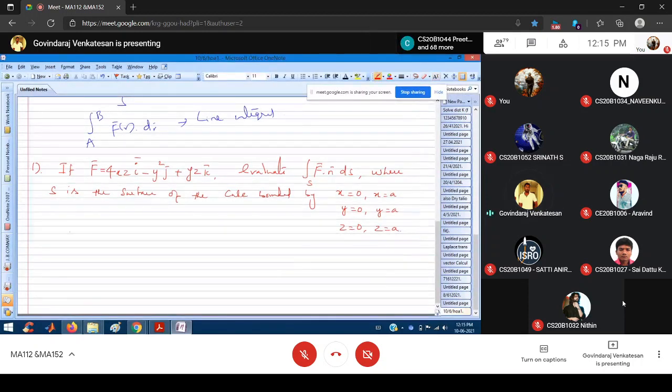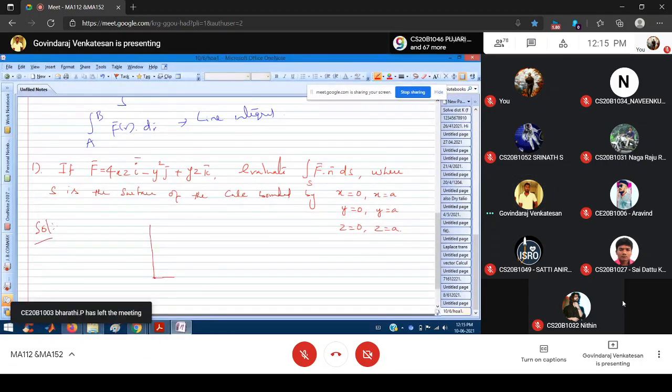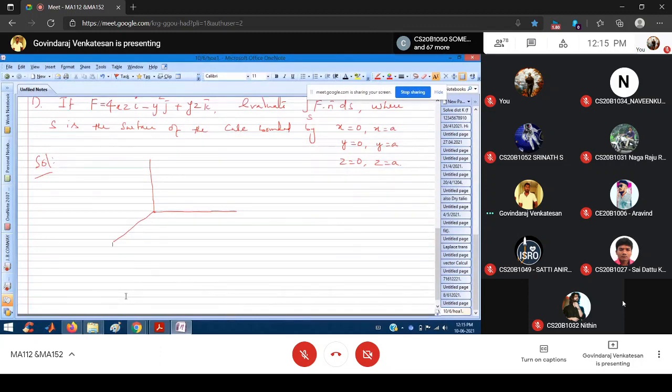Okay. So let me draw the picture. Let me say this is my x-axis, this is my y-axis and this is my z-axis.